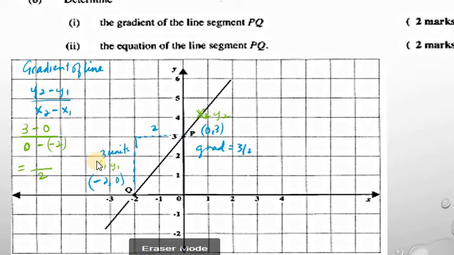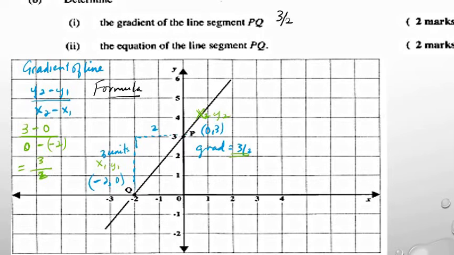So my gradient is 3 on 2, just as we found here. So the gradient of the line segment is 3 over 2. There were two methods used here: using the formula for the gradient of a line, y2 minus y1 over x2 minus x1, the change in the vertical over the change in the horizontal.